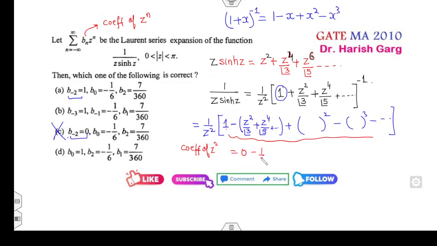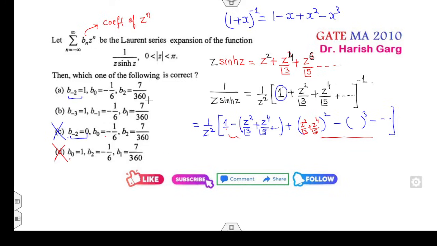It is minus 1 over 3 factorial. Will you get any coefficient of z square in this? Definitely not, because as you square it, the term will be z raised to power 4. Similarly for the next term, so the answer is minus 1 over 6. Fine. So that number is my b0. b0 is 1. That option is also cancelled.